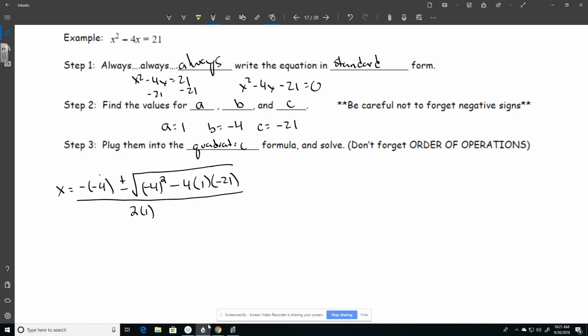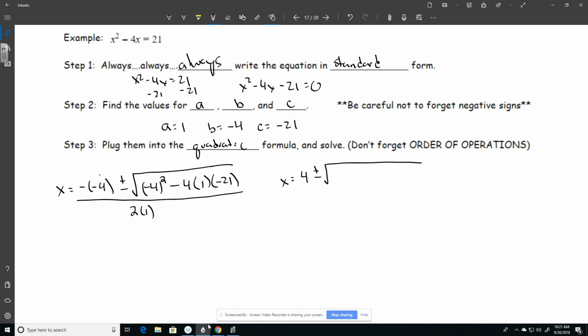So now we've just got to do some arithmetic, and we've got to be careful that we do it in the right order. So let's simplify a few things. X equals negative negative 4. That just becomes x equals 4. And then plus or minus, I've got my square root sign, but let's simplify some of this.